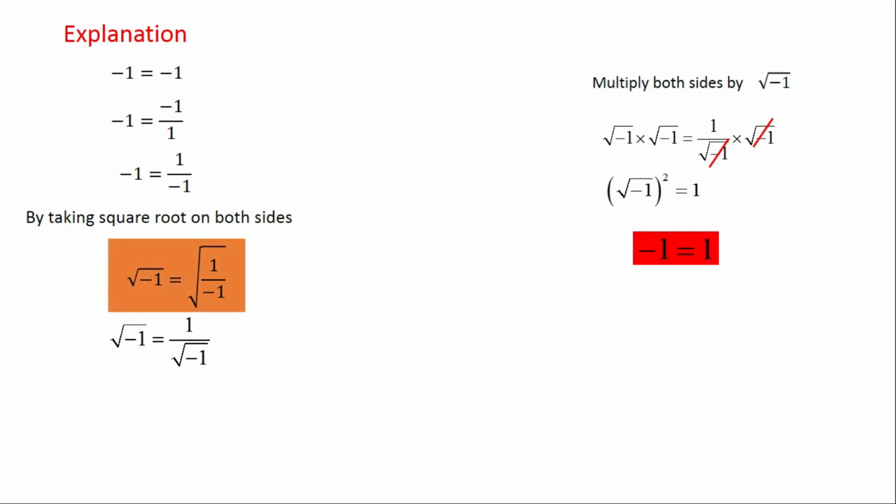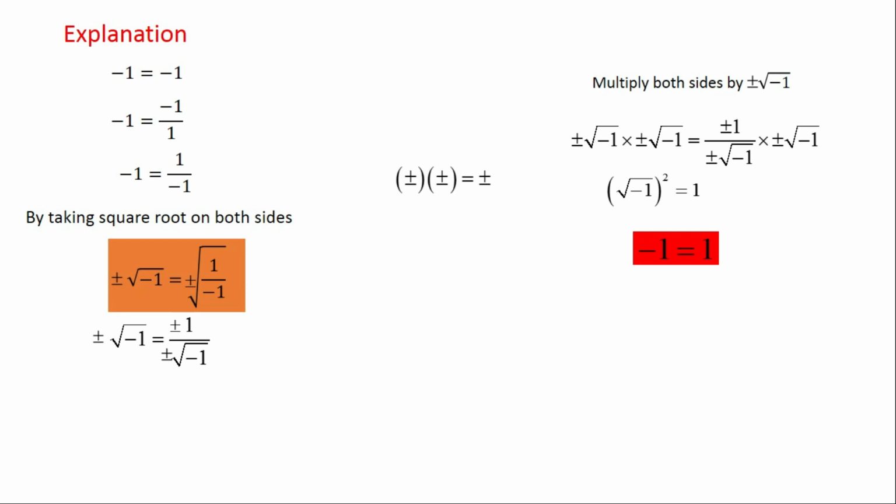We should have written plus minus sign before this radical sign, and if we go on writing plus minus sign, we have this result: plus minus square root of negative 1 times plus minus square root of negative 1 is equal to plus minus 1 divided by plus minus square root of negative 1 times plus minus square root of negative 1.